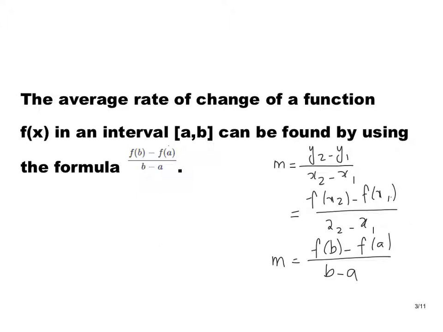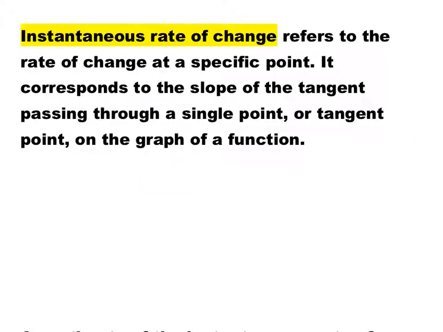Now, if we make the point b very, very close to point a, then the average rate of change is going to be called instantaneous rate of change. So we define the instantaneous rate of change to be the rate of change of a function at a specific point. This corresponds to when the b value is very, very close to a value.